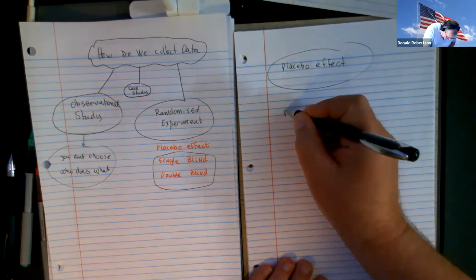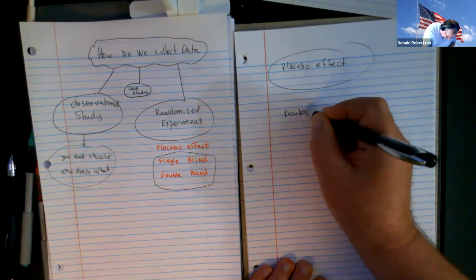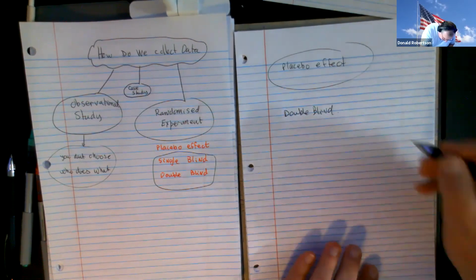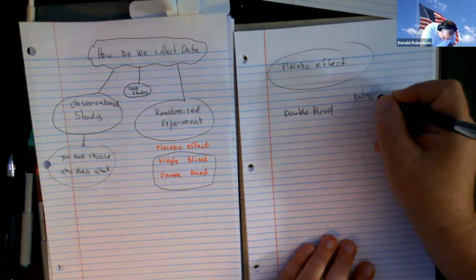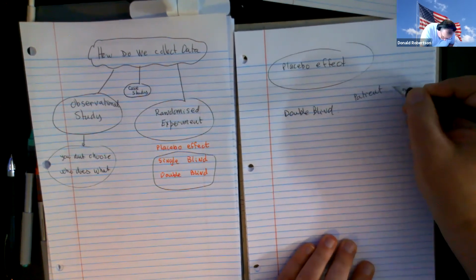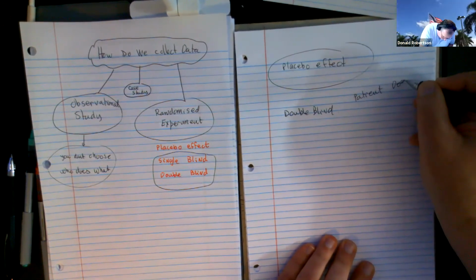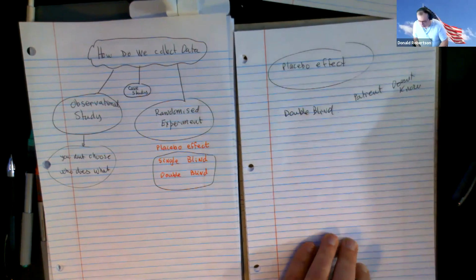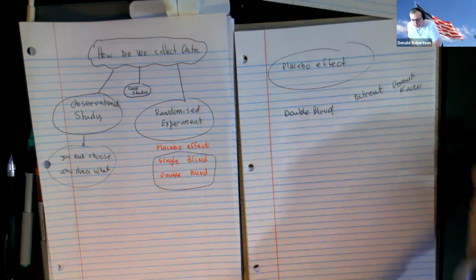I'll talk about the double blind first. In a double blind experiment, the patient doesn't know if he's getting the real pill or the sugar pill, right? Just doesn't know.